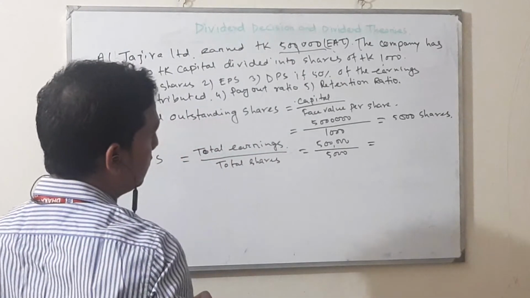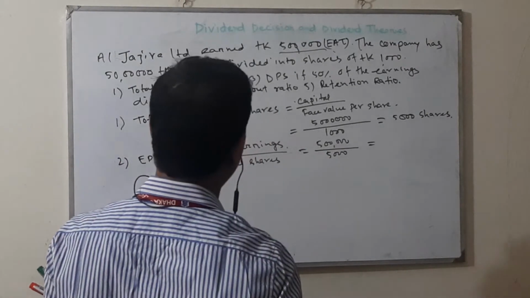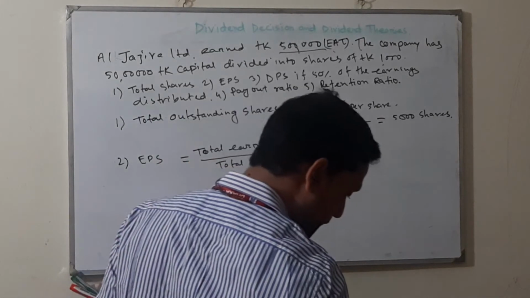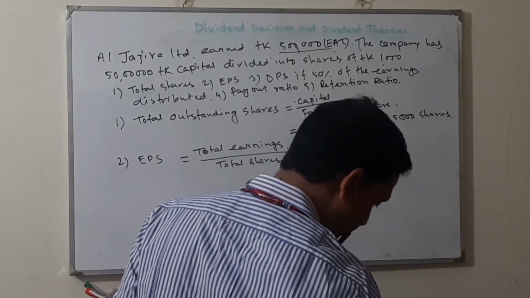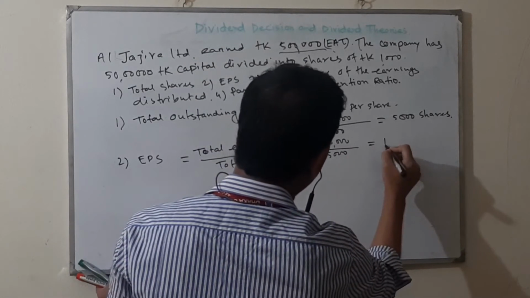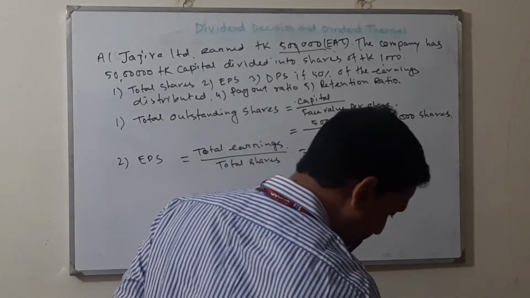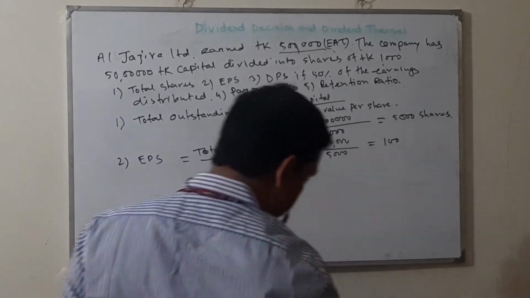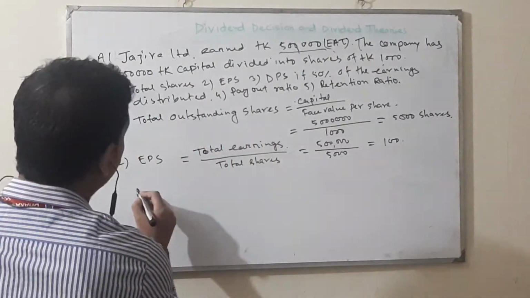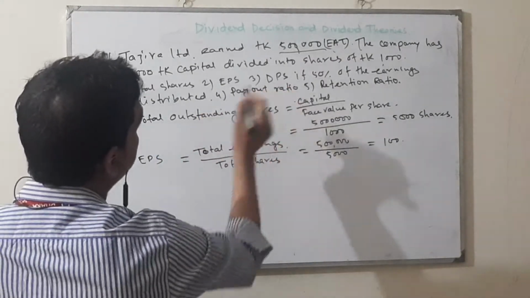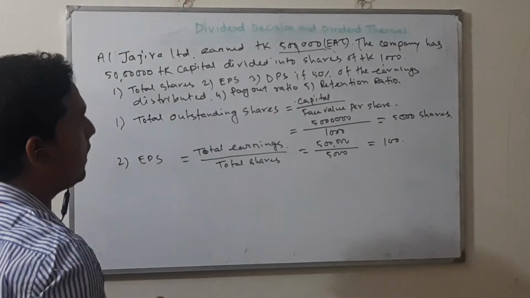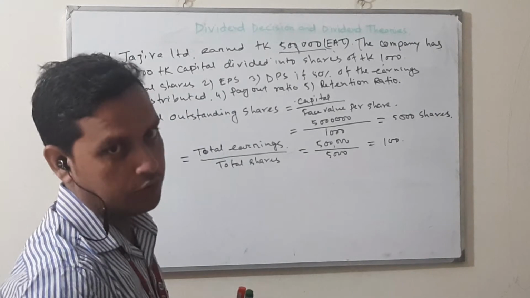So total earnings 5 lakh taka over 5000 shares, so earning is 100 taka per share. Here number 3 is DPS. We already said that 50% of the earnings are distributed, but the other 50% is not distributed; it is retained.